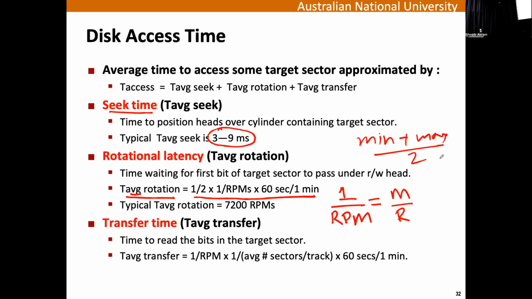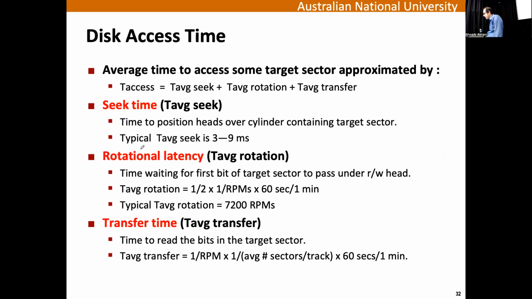The head is nicely aligned with whatever you want. Maximum is you have to rotate the whole thing. So whenever you have a situation like this, you take the arithmetic mean as min plus max over 2. So that's why we divide it by 2. And 1 over RPM, typically we know the RPM, revolutions per minute. The inverse is minutes per revolution, and then we convert it to seconds using unitary arithmetic.